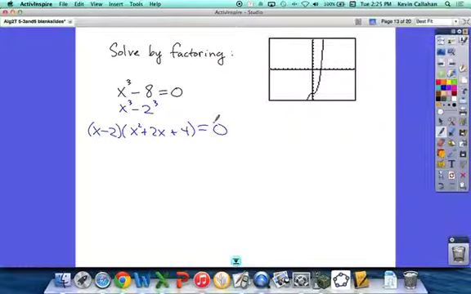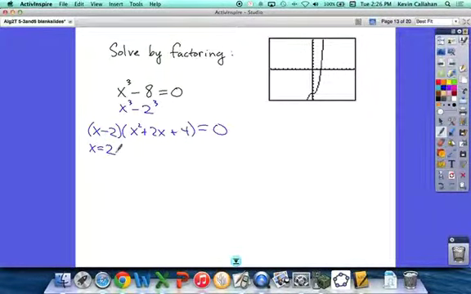Okay, so what is the solution that's going to come from the binomial? X equals 2, right? And if you look at the graph, you definitely see, right, there's your 2. You can confirm it in the table of values, but x equals 2 is one answer.